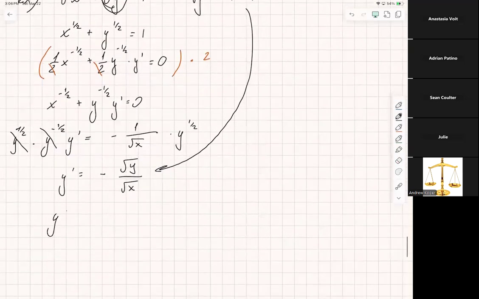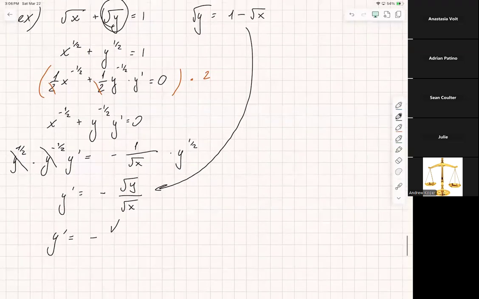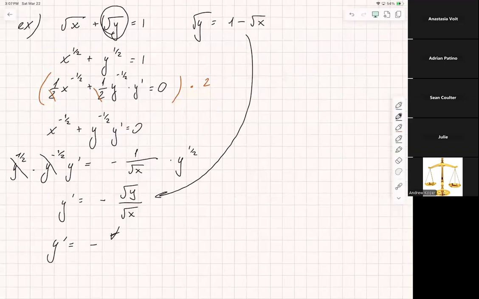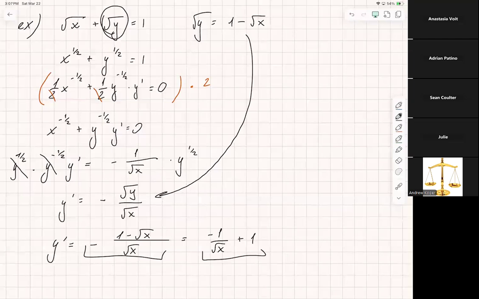So we would have y prime equals negative, well, actually, just as it is, 1 minus square root of x over square root of x. Okay, and now if you want, you can write it as negative 1 over square root of x plus 1, or leave it like this. So it's your call, whatever you want to write it as.